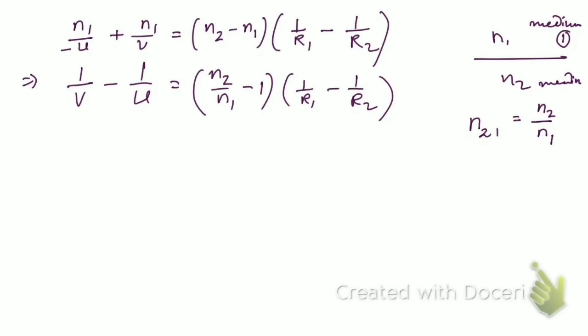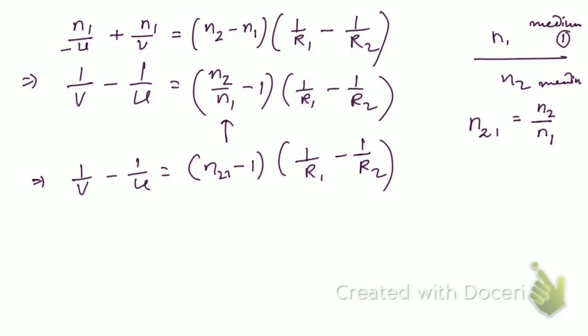So that's why we can replace this term, and 1 by v minus 1 by u is equal to n21 minus 1 times 1 by r1 minus 1 by r2, and this is the Lensmaker's formula.